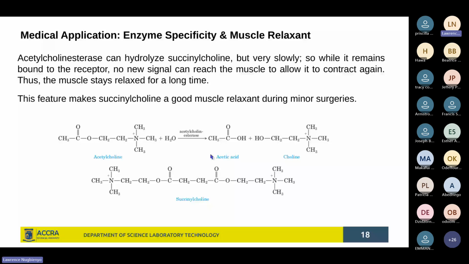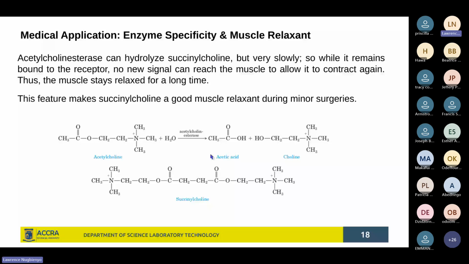Because it takes a longer time to be hydrolyzed, the muscle stays relaxed for minor surgeries to be conducted. By the time the surgery is finished, the succinylcholine is hydrolyzed and acetylcholine takes over, attaching to the receptor for the contraction and relaxation process to resume.